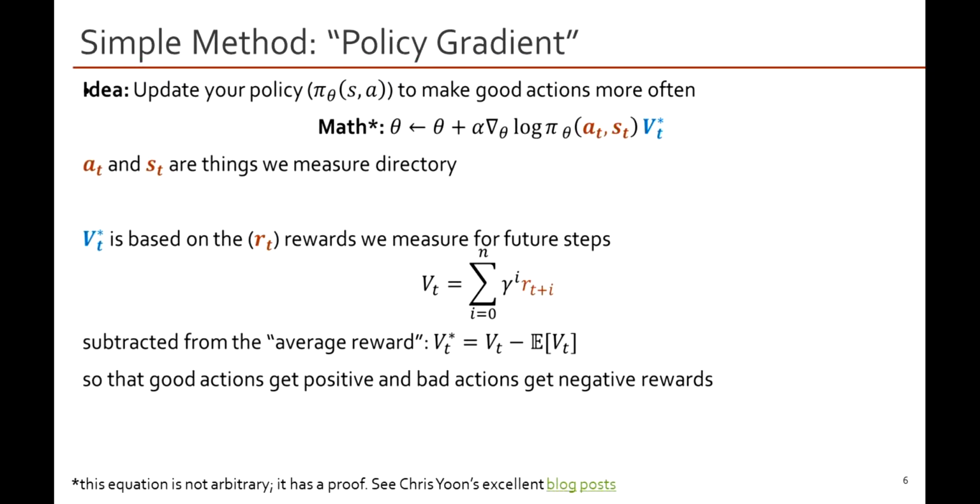The idea for getting the value of a state is we sum up the rewards of all of our future states, looking towards some time horizon of n possible steps, and multiplying them by a weighting factor, such that we get more benefit for choosing rewards very close to my current state t, which gives me a value for that state.